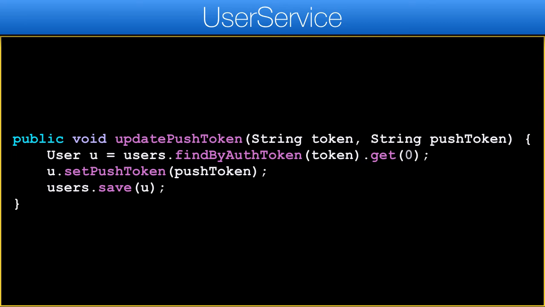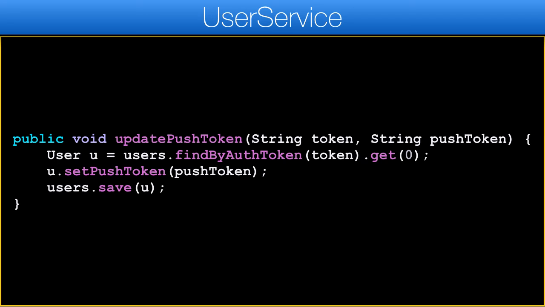Let's start with the UserService class. Drivers need a push token so we can hail them. This is always set outside of the user creation code for two reasons. The first time around, the user is created, but the push key isn't there yet. It arrives asynchronously.